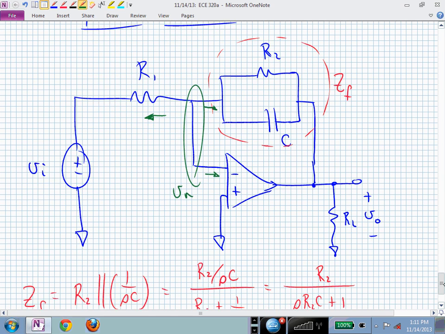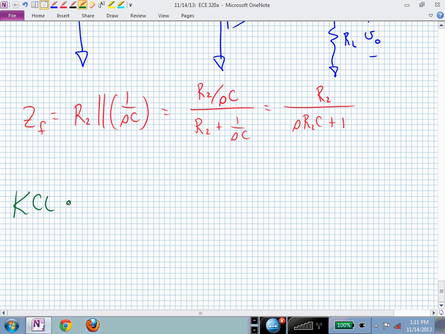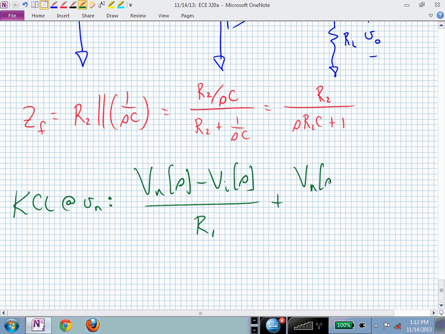The one going from V sub n towards the input is V sub n of S minus V sub I of S over R1. And the one going towards the output is V sub n of S minus V sub 0 of S all over, what did I call it? Z sub f equaling 0.